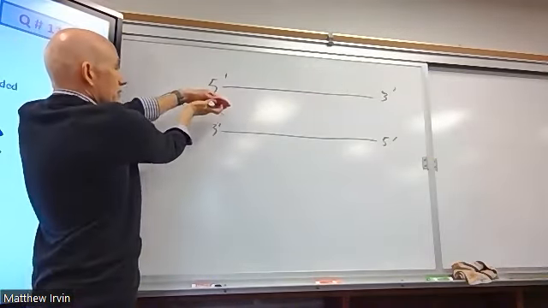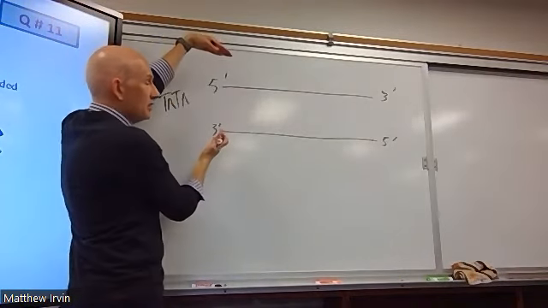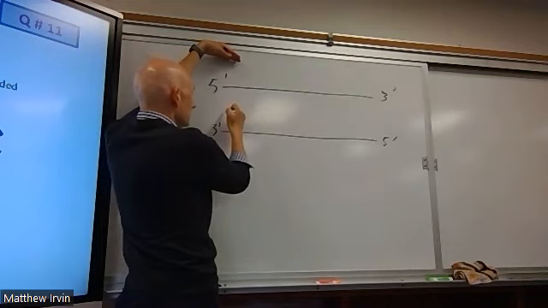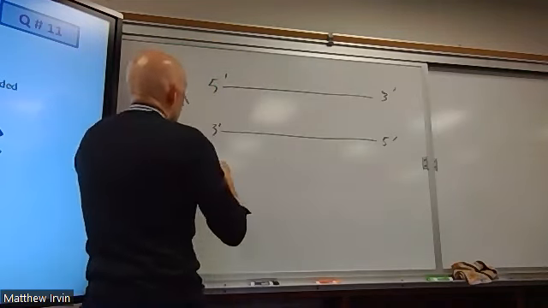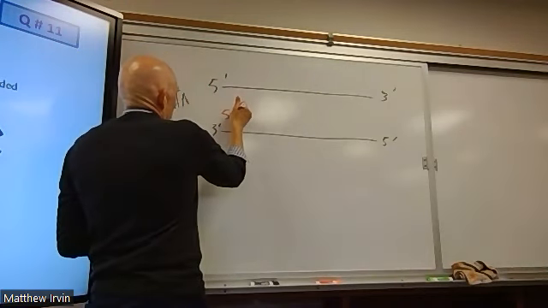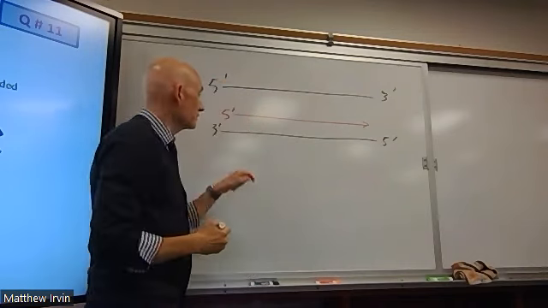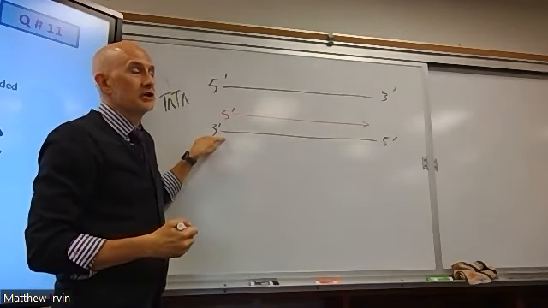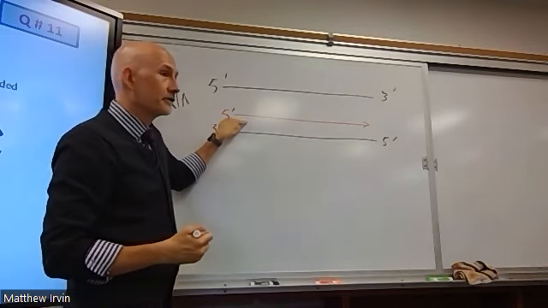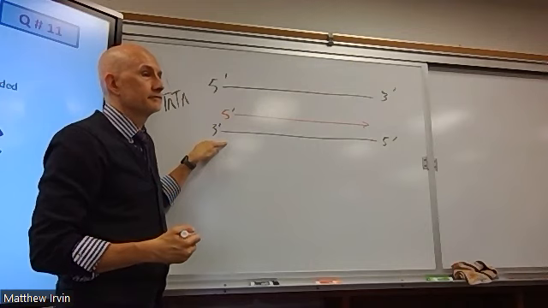So as the polymerase opens my DNA, it is going to be building my RNA 5' to 3' that way. So it is copying this bottom strand. So because we are building 5' to 3', we have to read the DNA 3' to 5'.